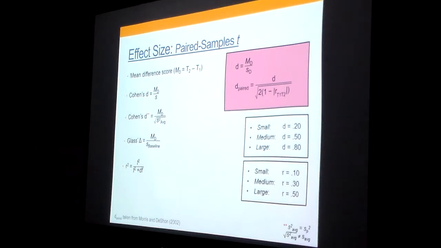Because if we were to treat this as an independent samples t-test, our standard error is going to be a function of a big variability estimate plus another big variability estimate. Our standard error is going to be extremely large, right?